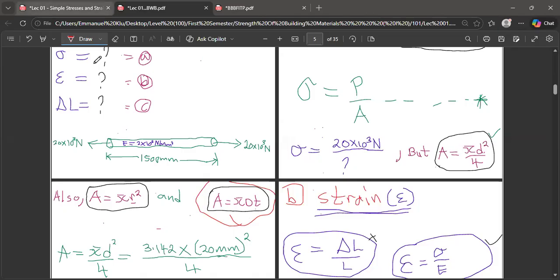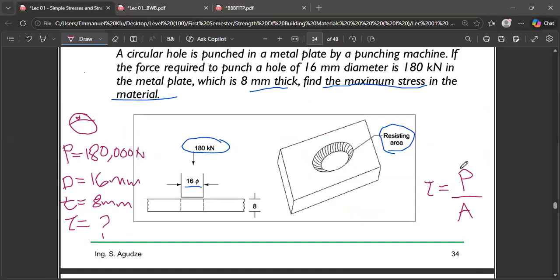Take note that for the diameter, we have two types. For hollow rods, we have inner diameter and then the outer diameter. But in this case, we are considering the outer diameter. So our area is going to be equal to pi times the outer diameter times the thickness. With this, you are good to go.